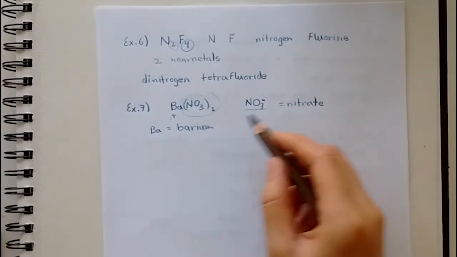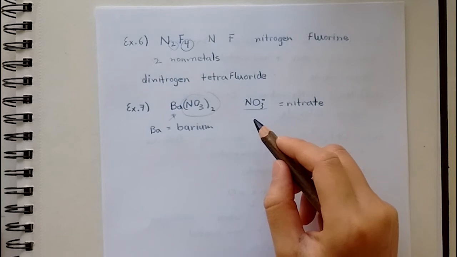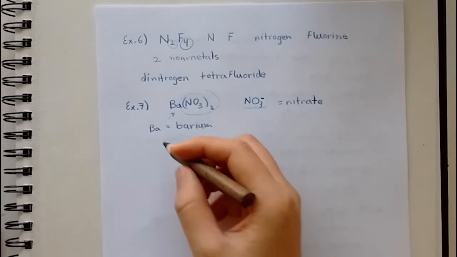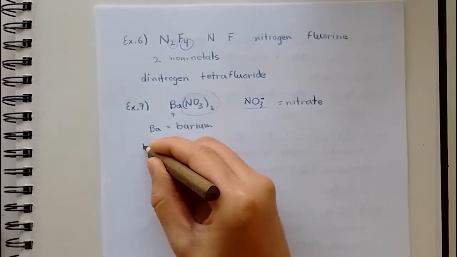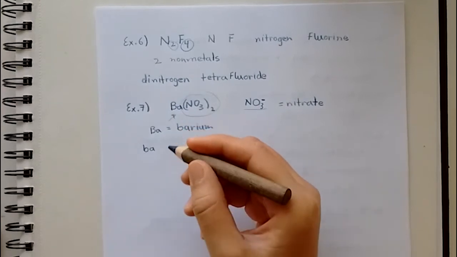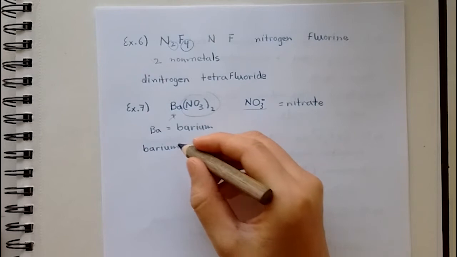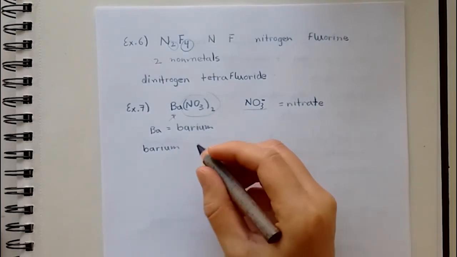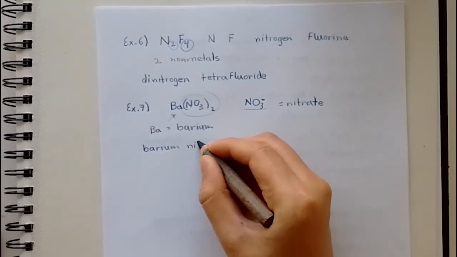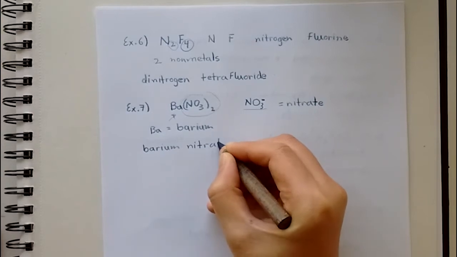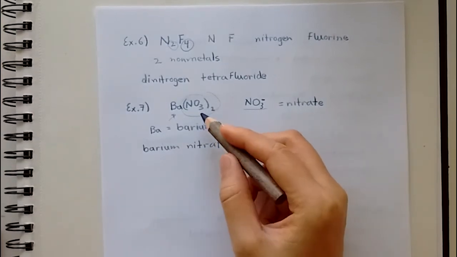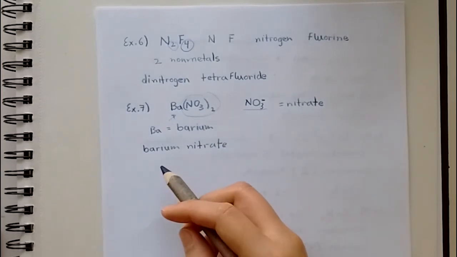So we know that barium is a metal, and nitrate is our polyatomic ion. So for that, we have to write the full name of the first element, barium, and we have nitrate. So barium nitrate is this compound's name.